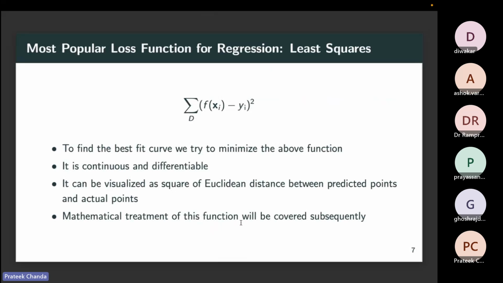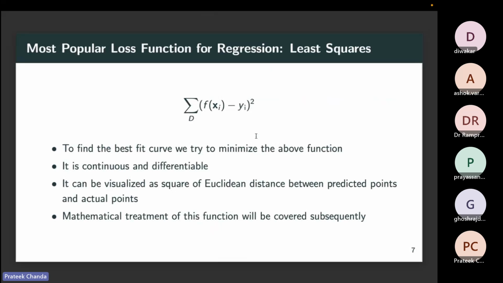So f of xi minus yi whole square, I sum it up over all data points, and the final thing that I get is my least square loss function. I can use this loss function for my regression problem, and it's one of the most popular loss functions used. My objective is to find a curve that minimizes this loss.